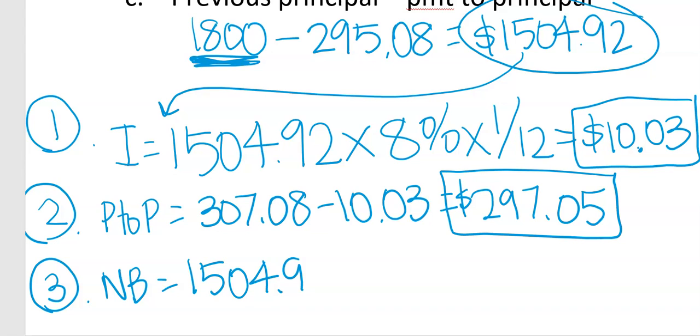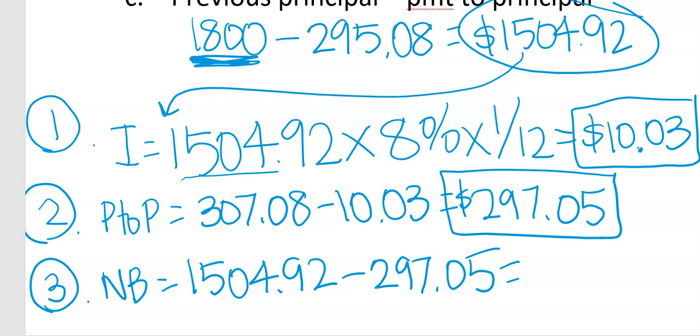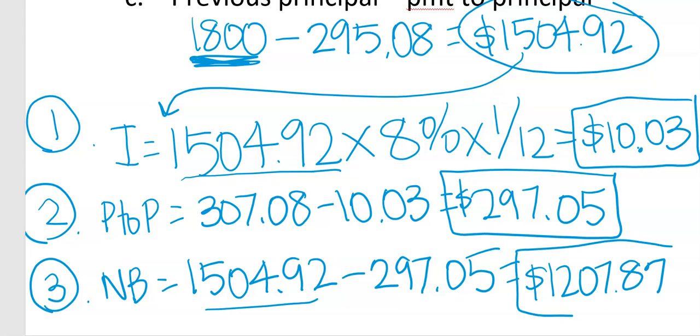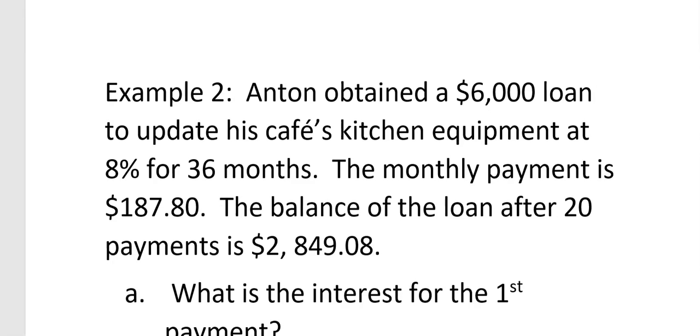Start with $1,504.92 and subtract the answer we just found. With every single payment, these two numbers will be different. The new balance is $1,207.87. Now for this one, we can check to see if that's what they got, and it was. If it was different, we would know we got it wrong, because we're just checking what they've done for the payments already. So your first 3 are done. I want you to show that work for each of them.